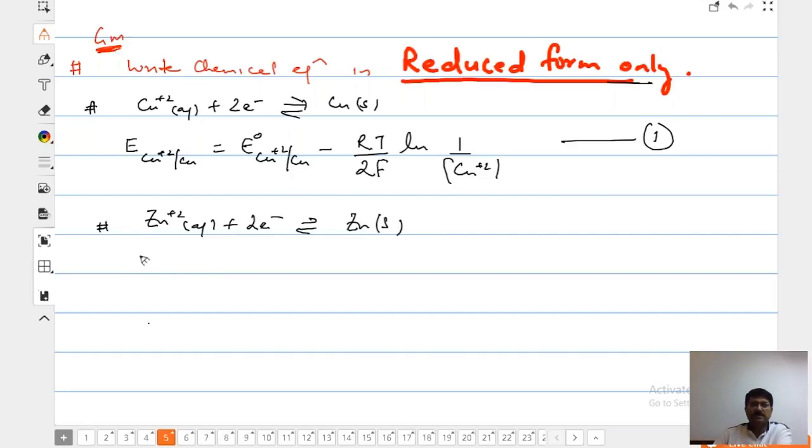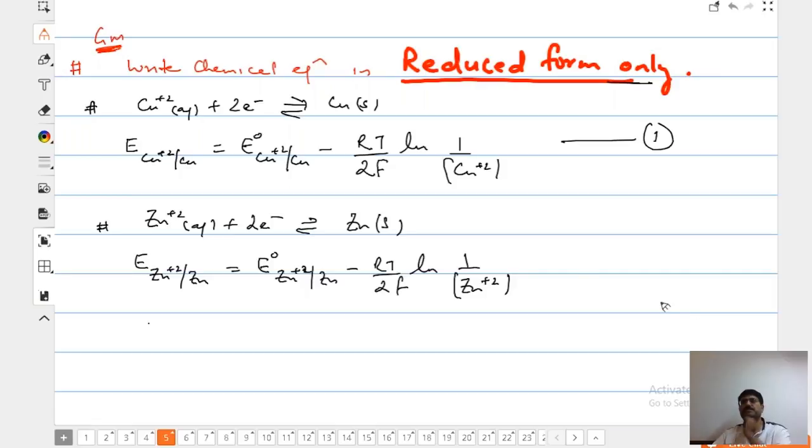Zinc solid. Now try to recite: E Zn plus 2 oblique zinc equals E naught Zn plus 2 oblique zinc minus RT by 2F natural log of 1 by Zn plus 2. That is equation 2.